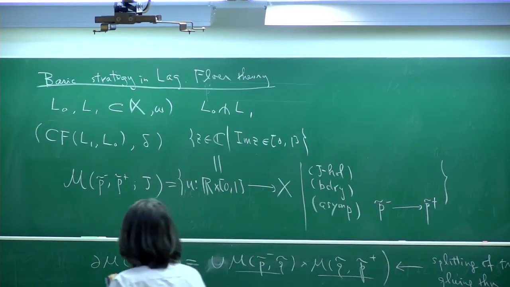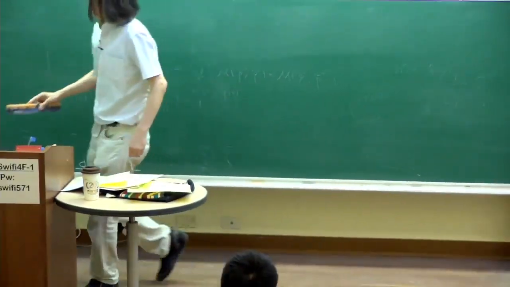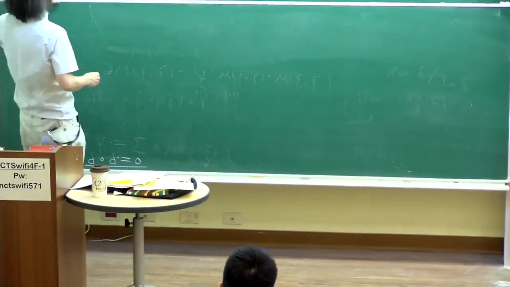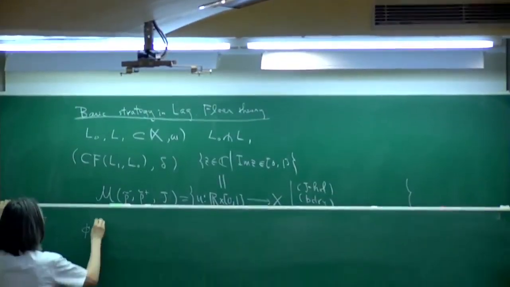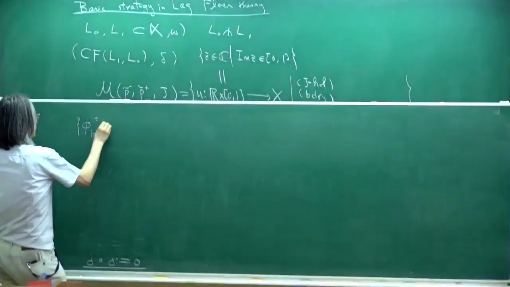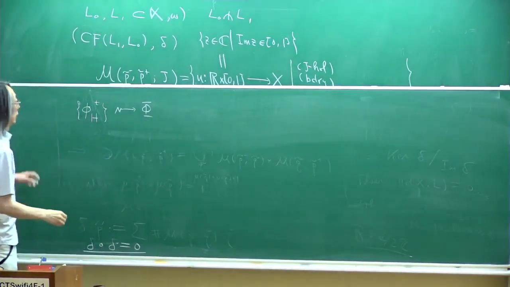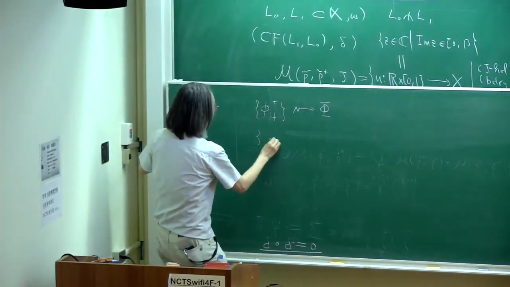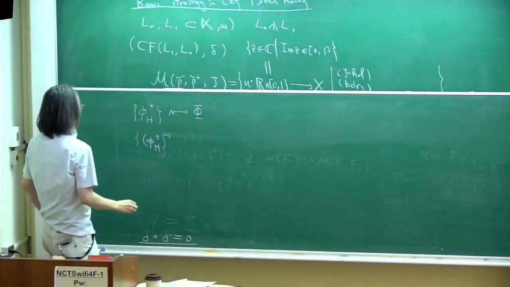Once you have everything, then we are done. Because we have this phi h of t, and this phi h of t gives us something phi. And then we also have phi ht inverse somehow.